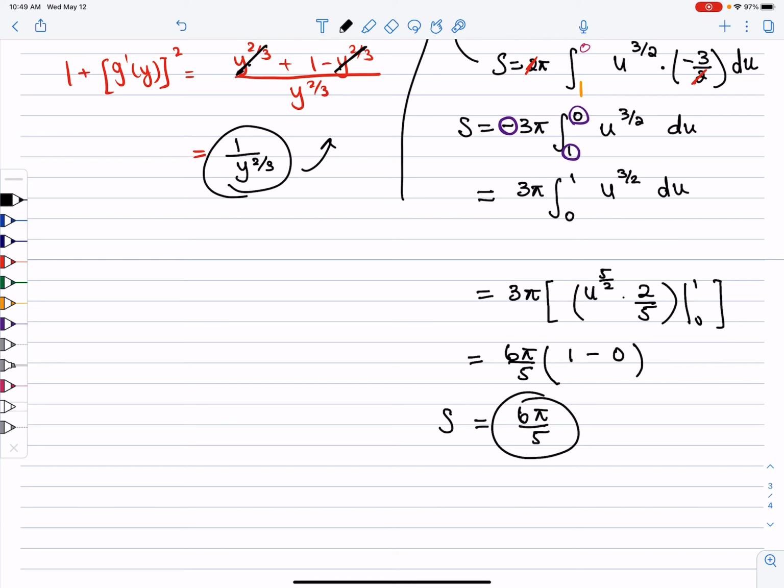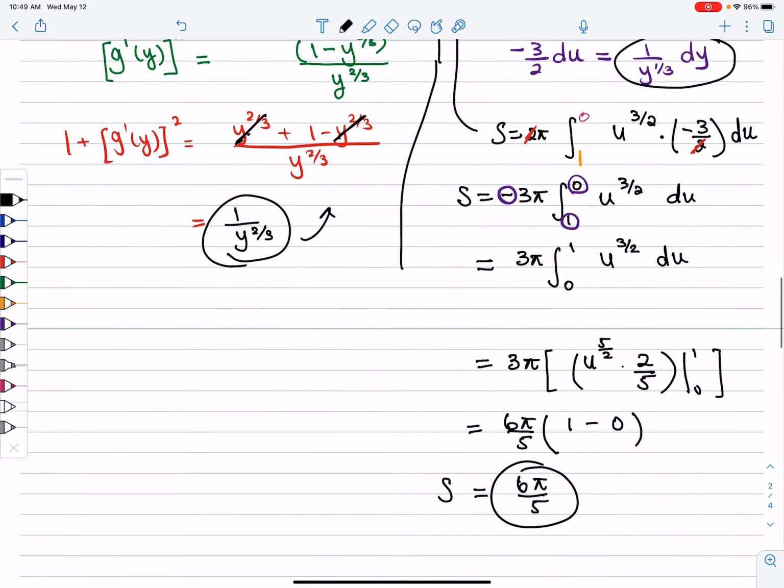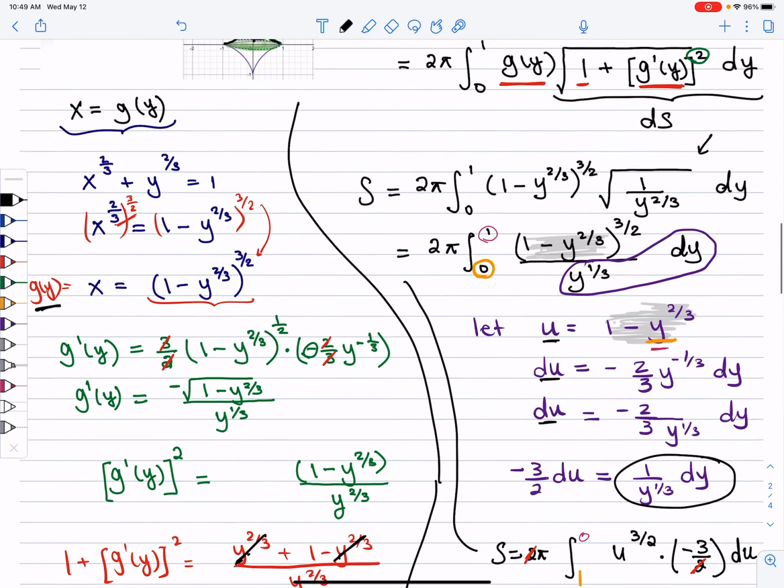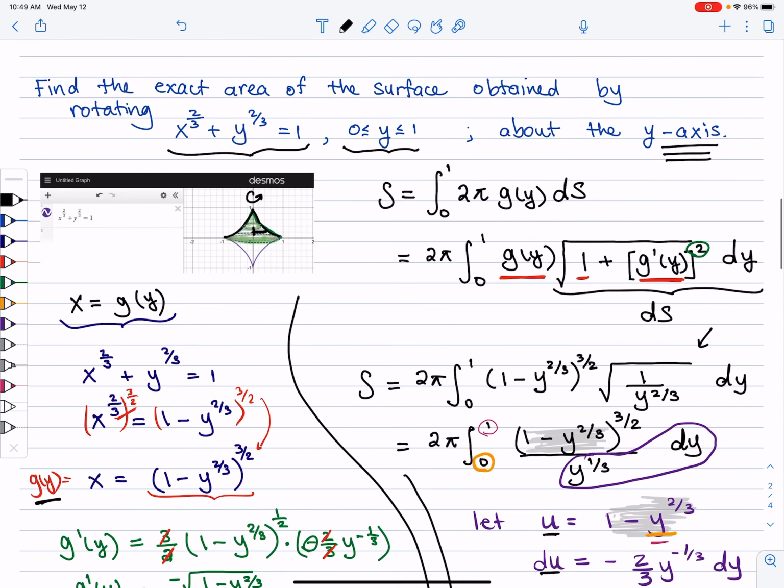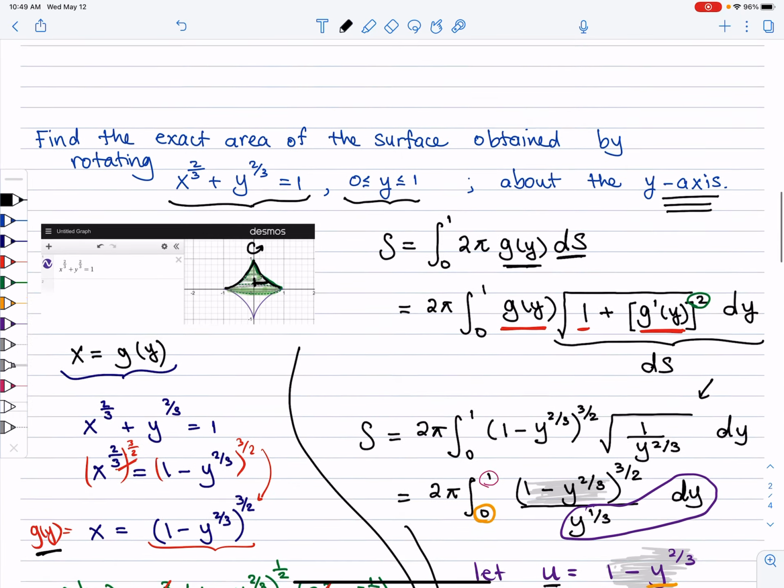It's a very long video, so make sure that you pause, and I'll try to post more videos if I can. But just remember that when you're applying it into the formulas, you've got to think about what g of y represents and what ds represents.